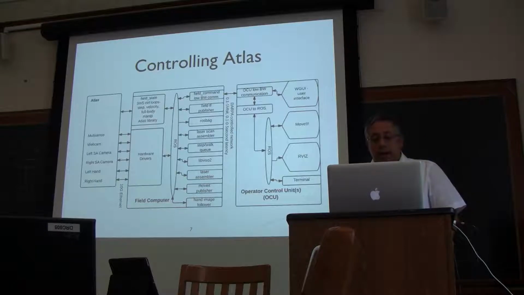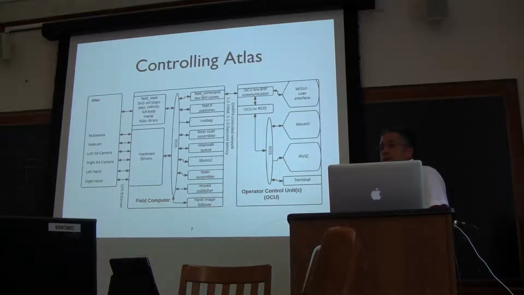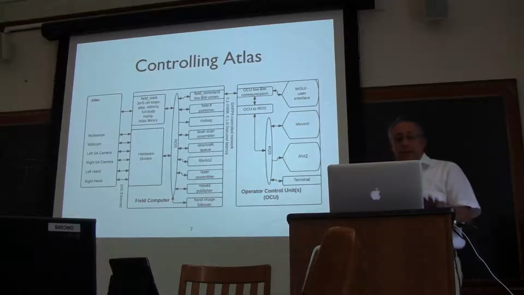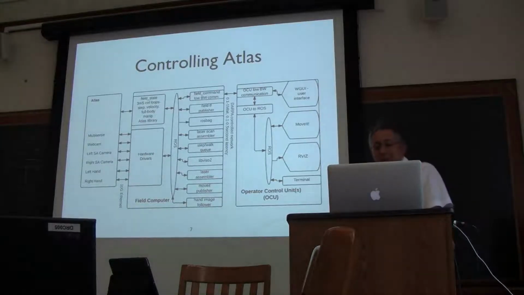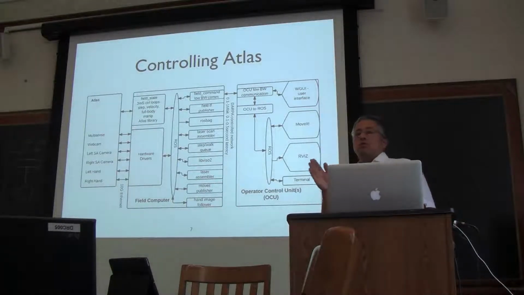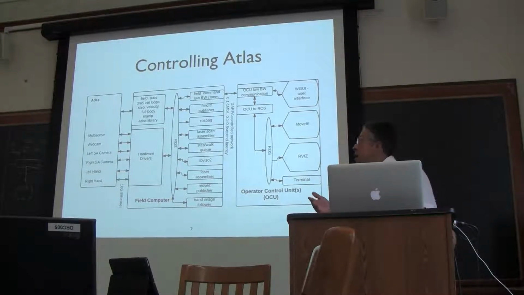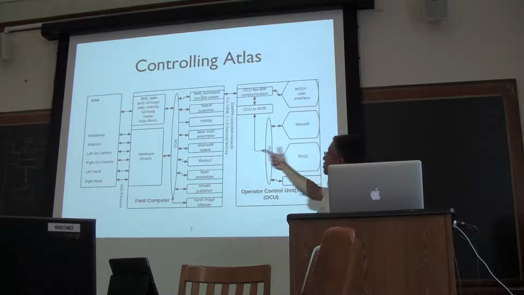Now, the basic structure that we use for controlling our Atlas is summarized in this diagram. We do use Robot Operating System as a tool to get our undergraduates and students to develop code, but we don't use that to directly communicate to the robot.